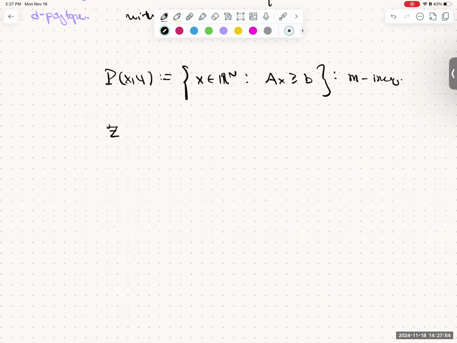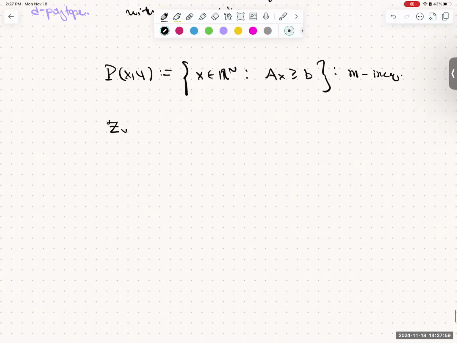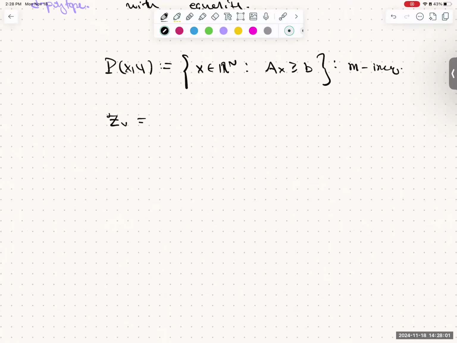So define Z_V. If V is a point that's in the polytope, define this set I in M. So what is this notation? This is the set from 1 all the way to M, such that I is in the set if A_I, the ith inequality, V is equal to B_I.